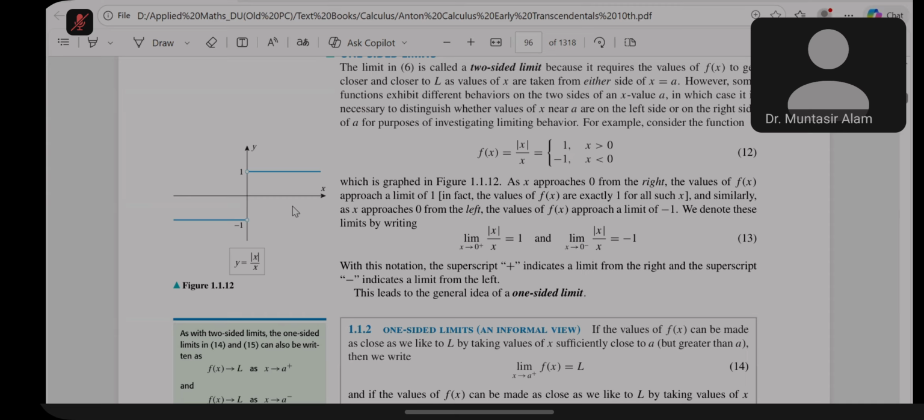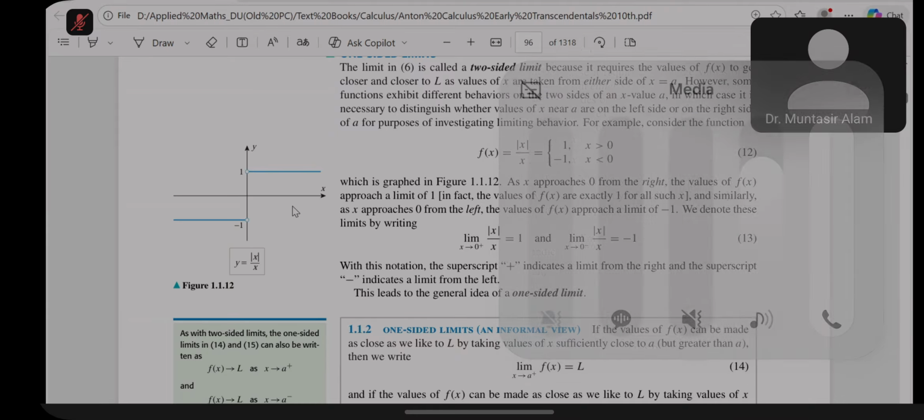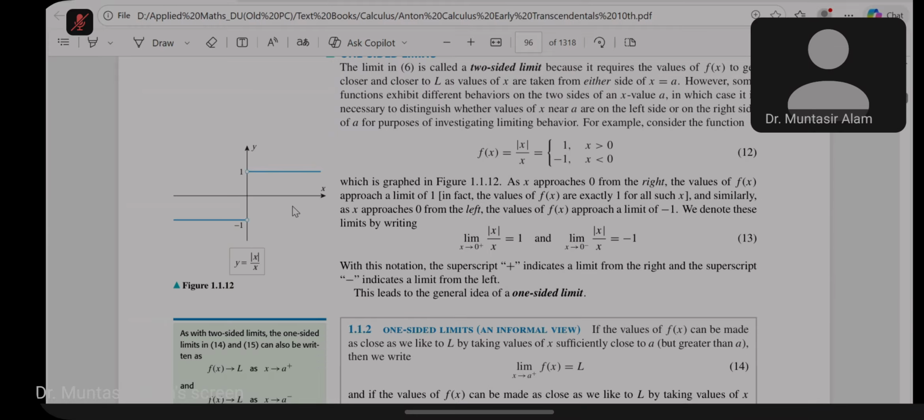Can someone tell me what is the limiting value of the function if we take the limit from the left-hand side of 0?